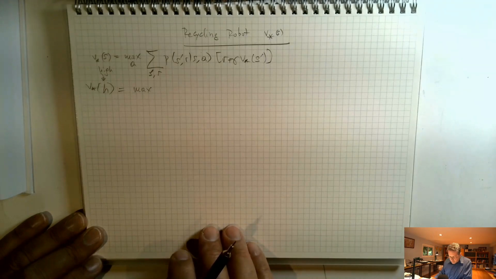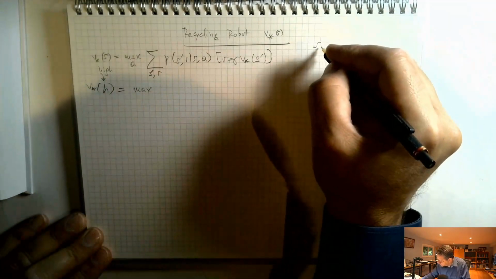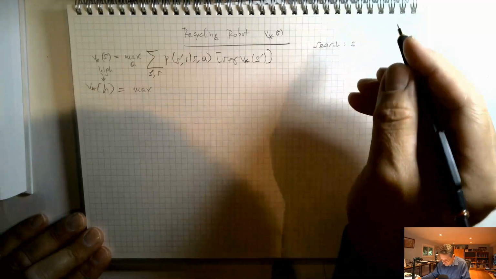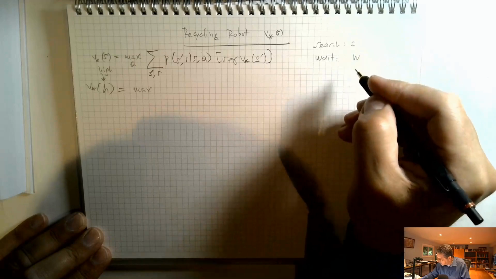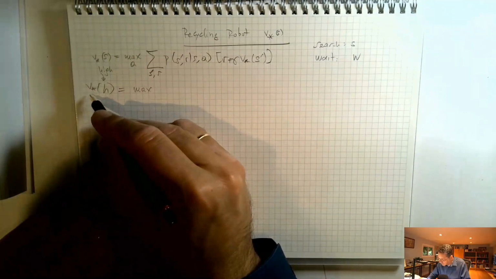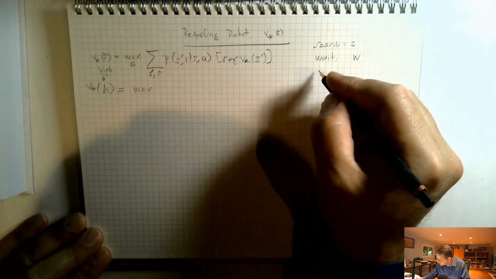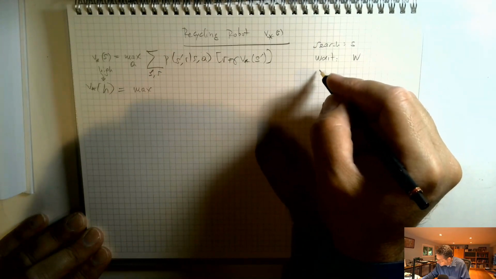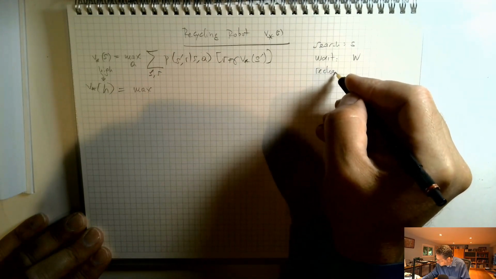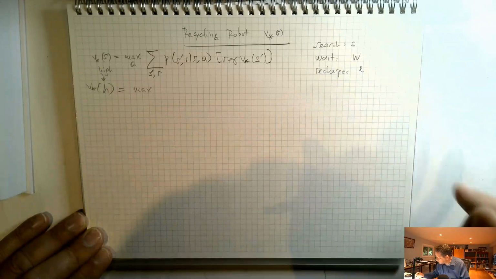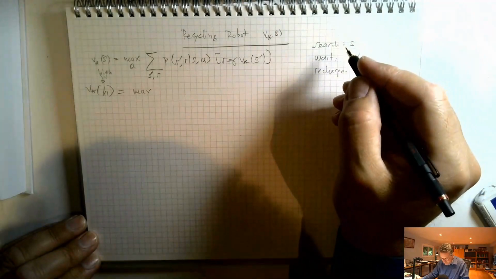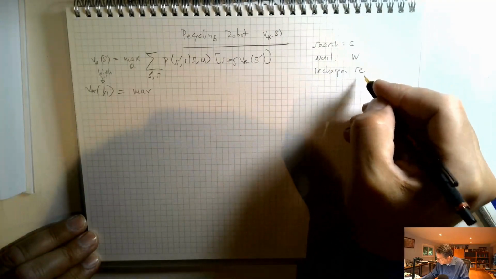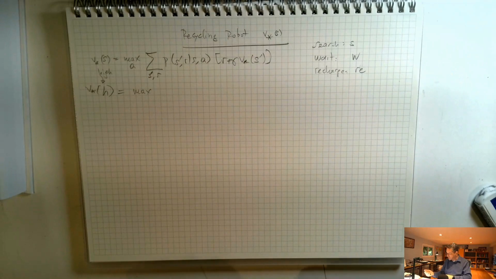So we will be symbolizing search with S, wait with W. We need to also produce the V star of the low state, so it will be recharge with RE, because we don't want to use R, because R is also the symbol for our instantaneous reward.